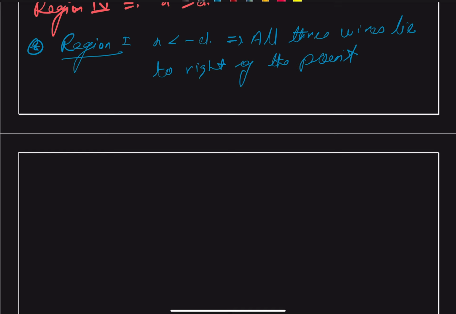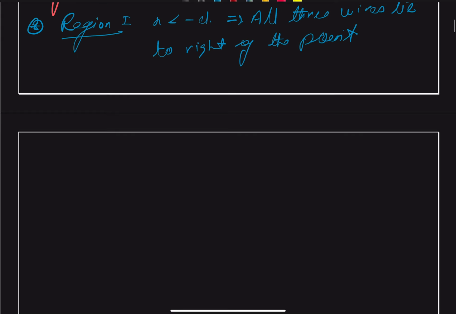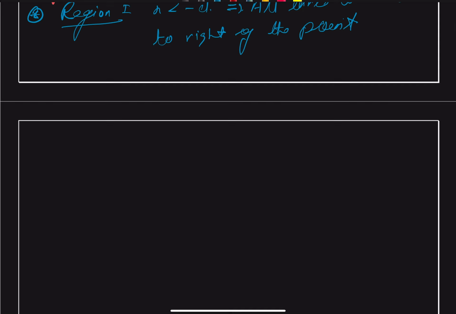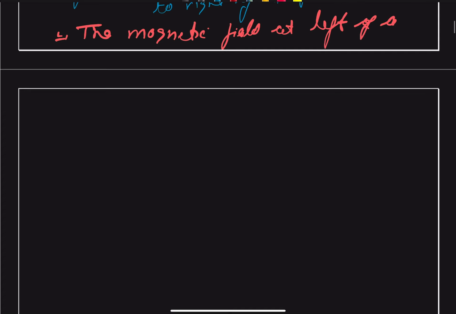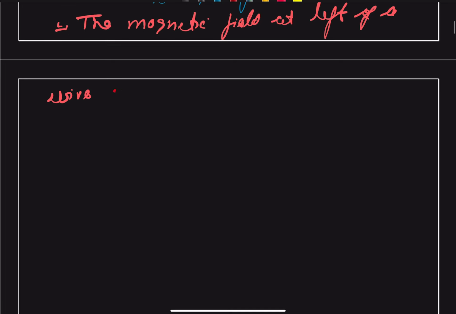So we can say that by using the right hand rule, the magnetic field at the left of a wire is out of the page, or we can say along plus z axis, and the direction of current in all the 3 wires is the same.